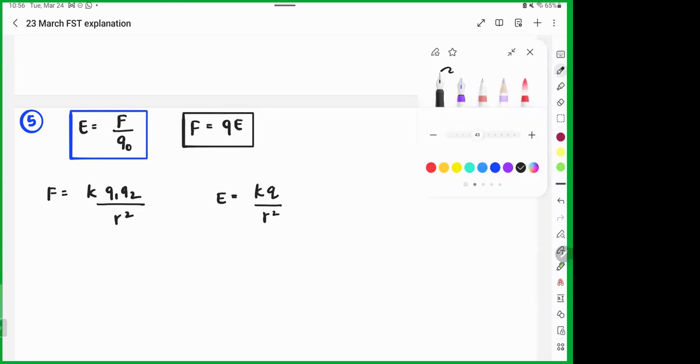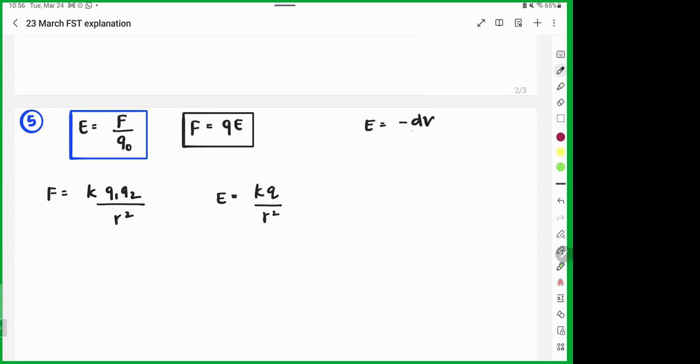If you see the potential, electric field is equal to minus dV by dr. You know this, correct? Electric field is directed toward decreasing potential.